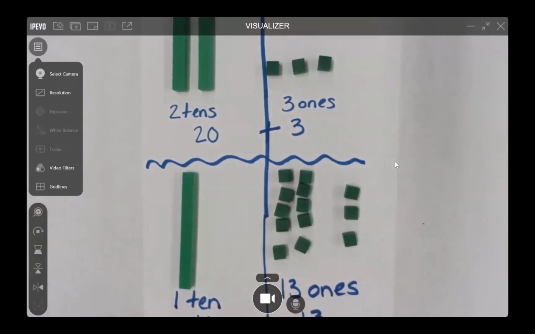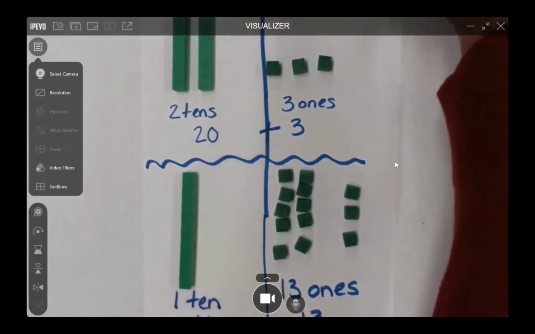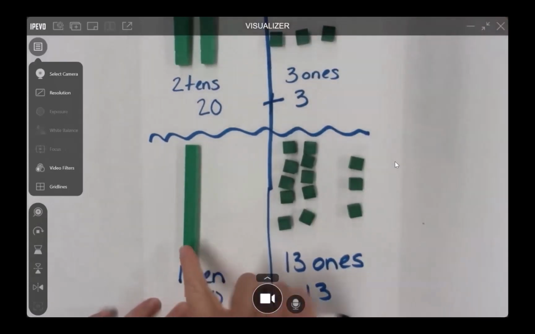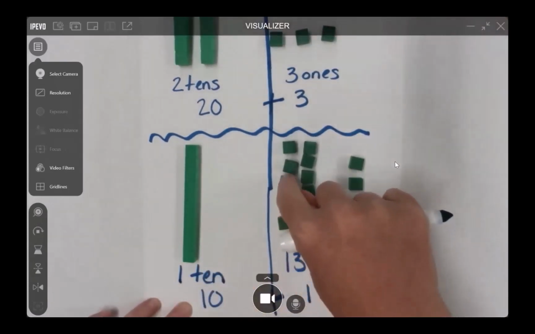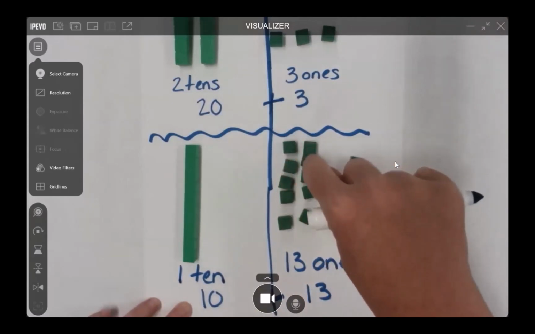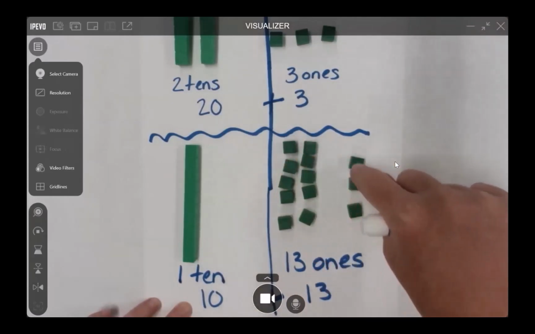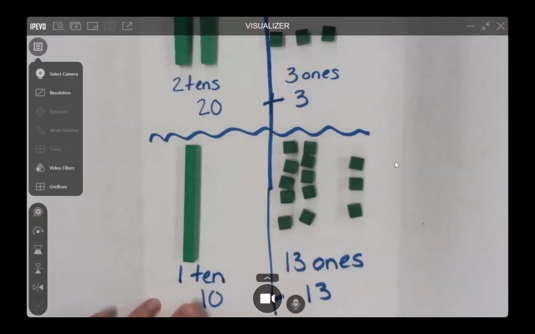So is this another way to represent 23? 10, 11, 12, 13, 14, 15, 16, 17, 18, 19, 20, 21, 22, 23. Yes, 1 10 and 13 ones is another way that we can represent 23.